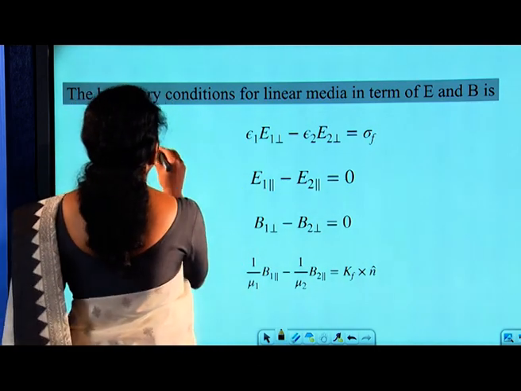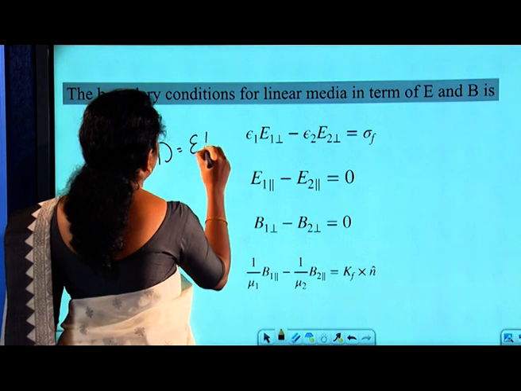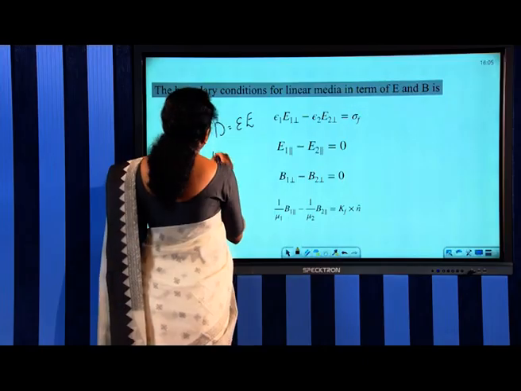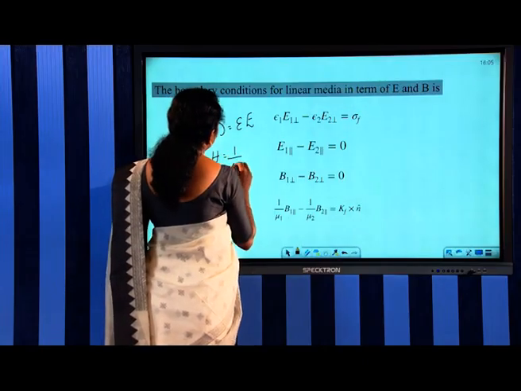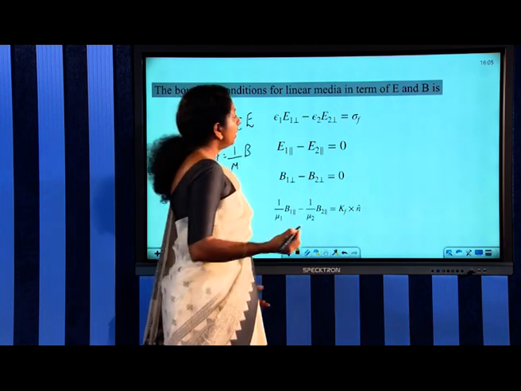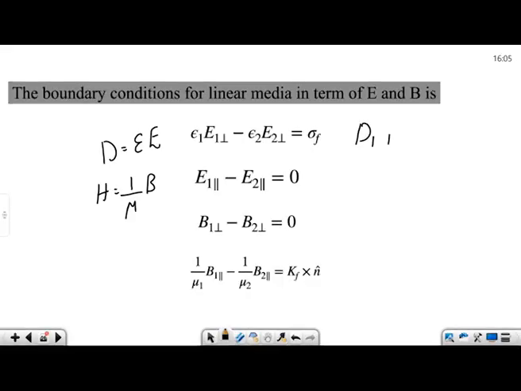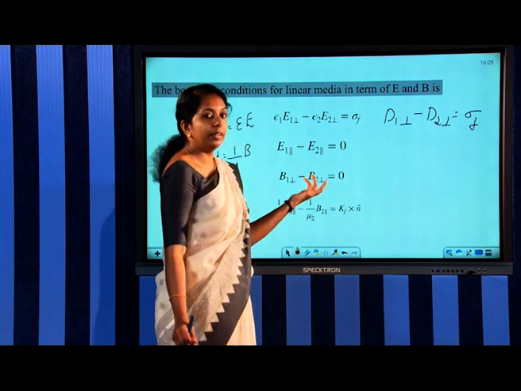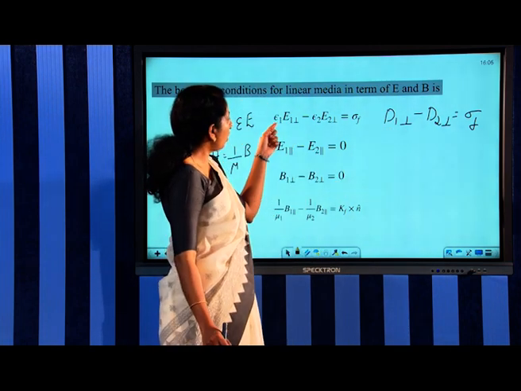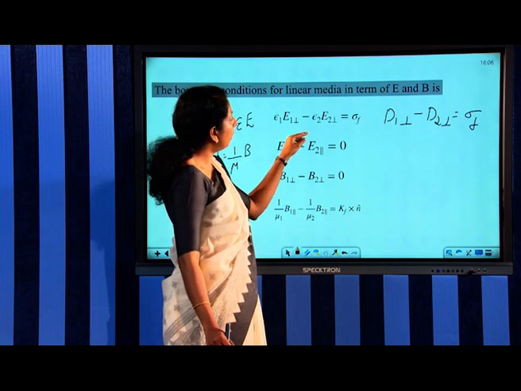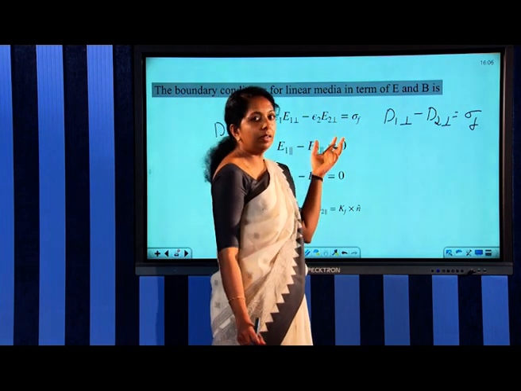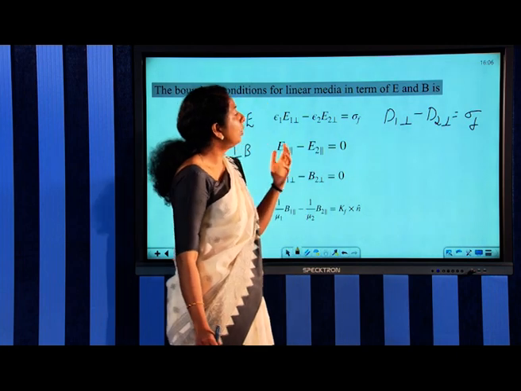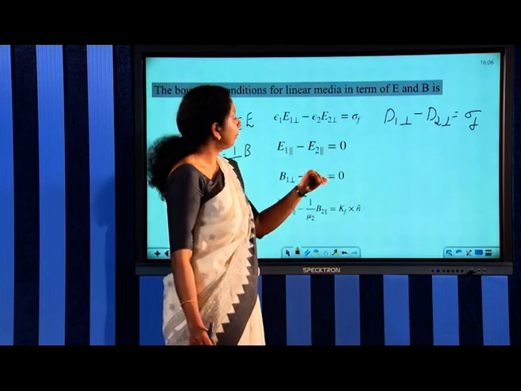For a linear media, D is equal to epsilon times E and H is equal to 1 by mu times B. Initially we got D1 perpendicular minus D2 perpendicular is equal to sigma f. Substituting D equal to epsilon times E, we get epsilon 1 E1 perpendicular minus epsilon 2 E2 perpendicular equal to the surface charge density.